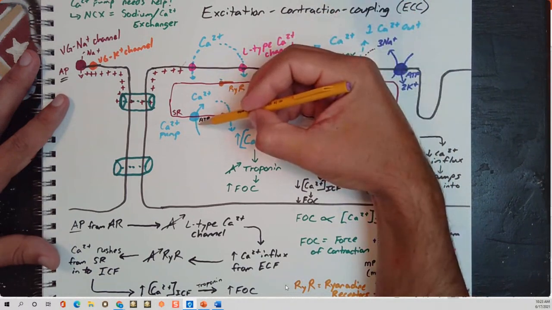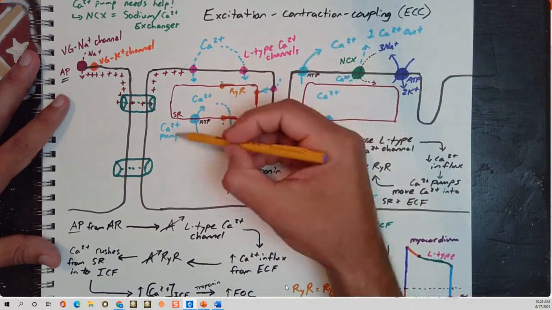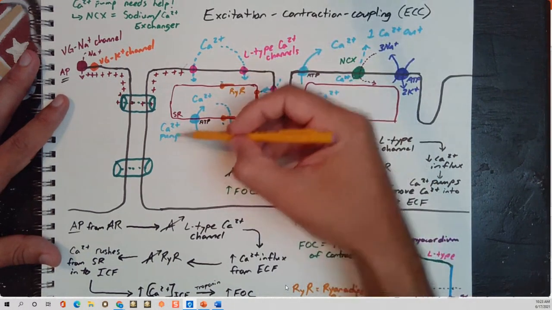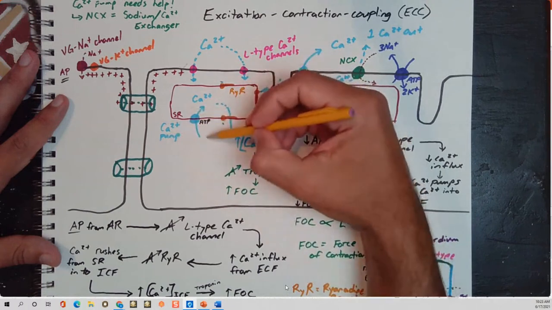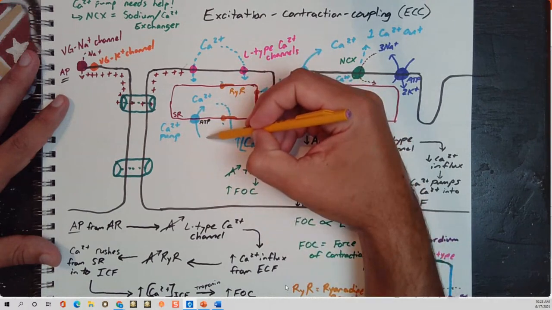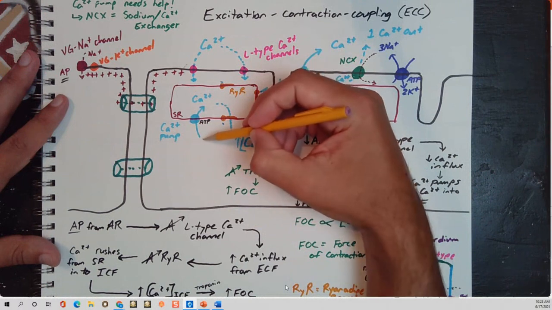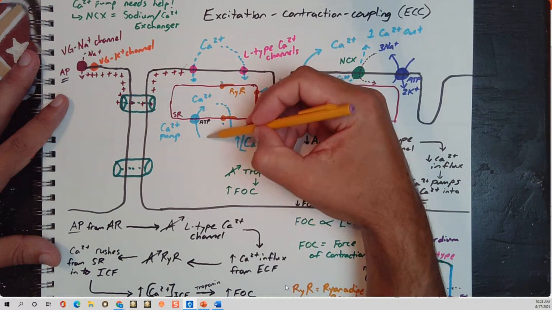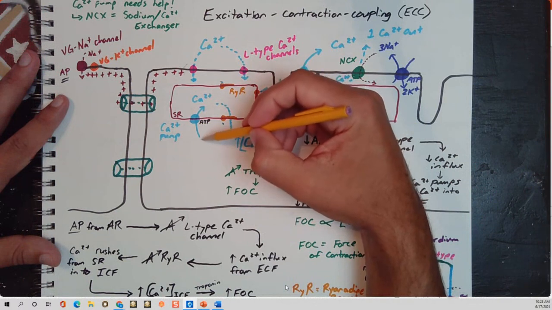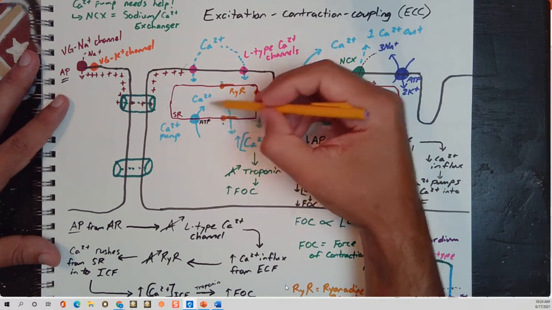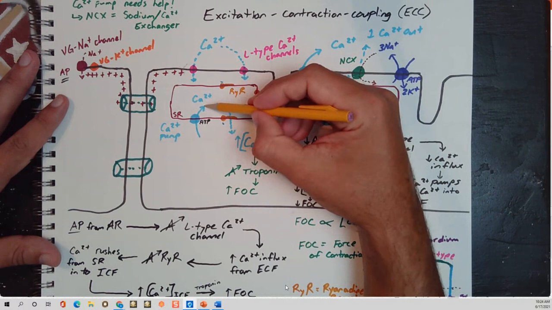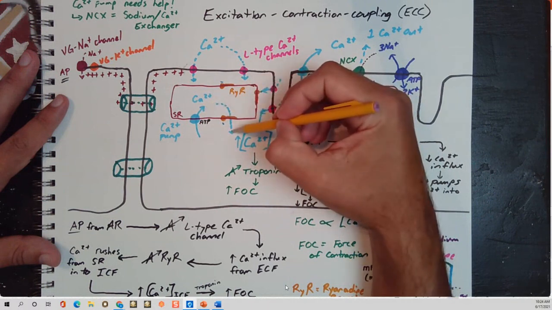And again, I did this before, but what if I sped up this ATP pump? What if I sped up the calcium pump? What's going to happen to the rate calcium is leaving the ICF? Increase, decrease, no change. And so intuitively, you guys might start to think that there's going to be less calcium here. But what do we know about the movement of calcium back out the ryanodine receptor?